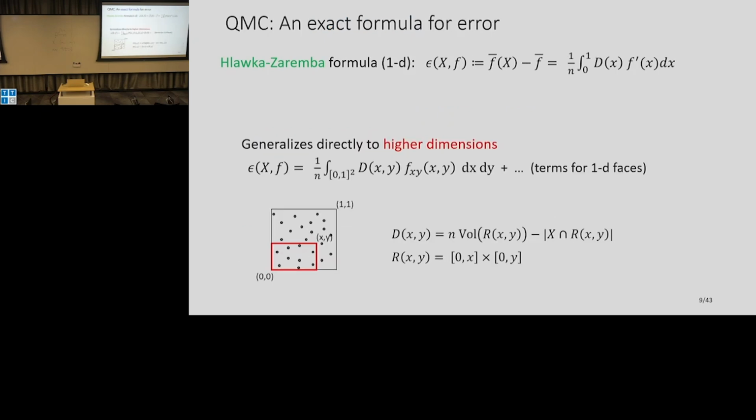So you will get a term which corresponds to integrating over this face, and you look at rectangles which are 2-dimensional. So again, it doesn't matter. Throughout this talk, we'll only care about the one-dimensional thing, but I just want to show you this whole theory generalizes to higher dimensions. And we'll never worry about the exact form, but there is an exact form.